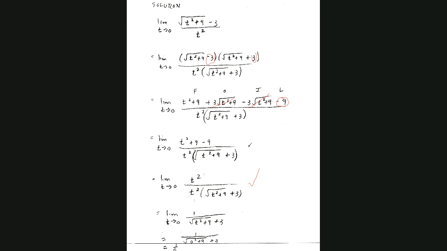The 3 times the square root of t squared plus 9 terms, they cancel out. But these simplify out to 1 and 1. And so now here is our new limit.